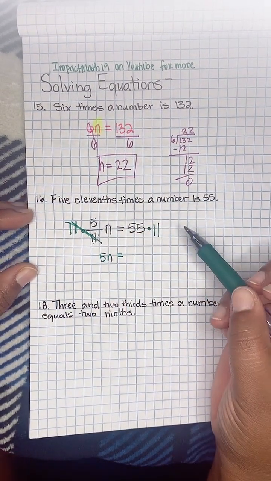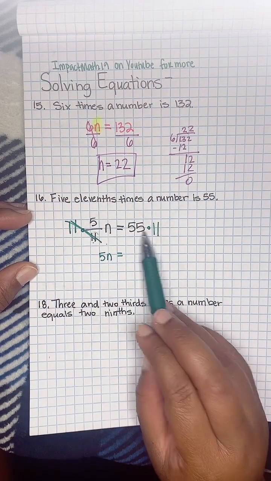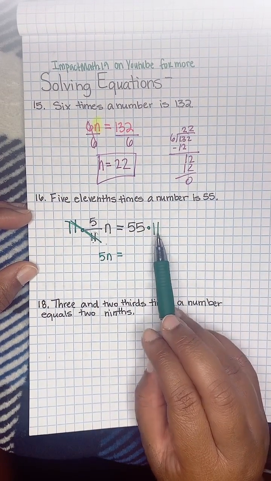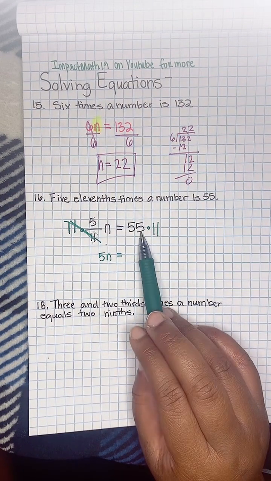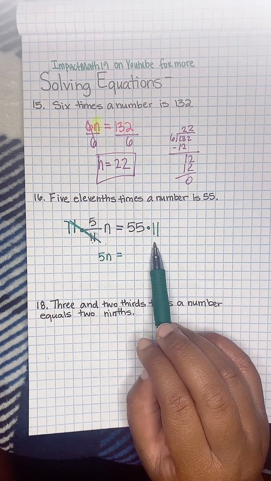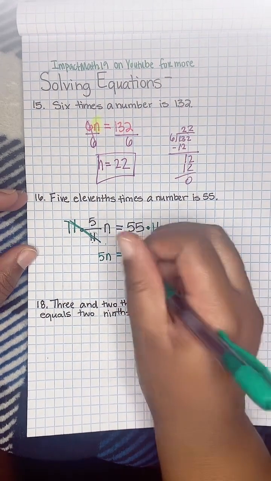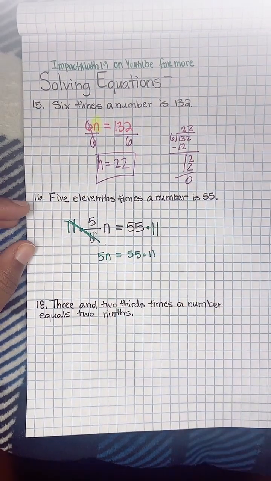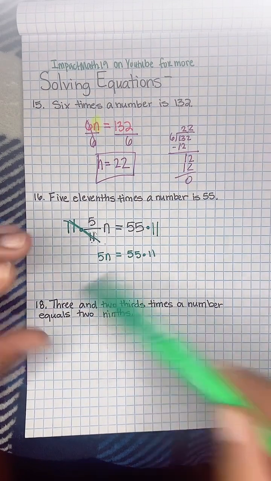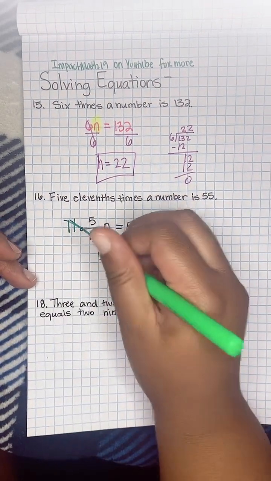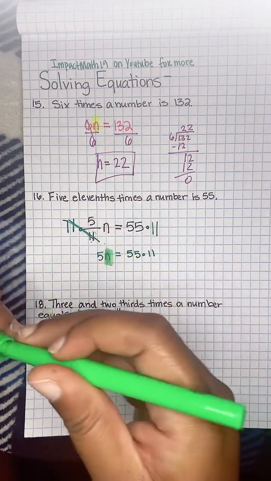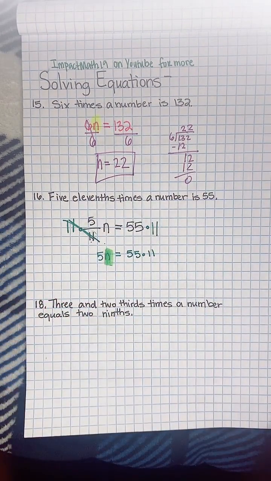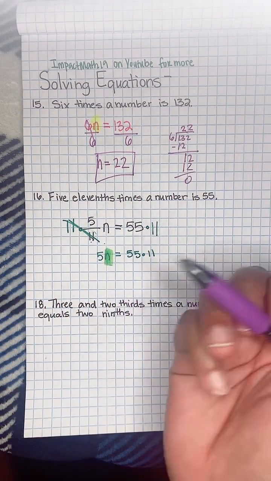equals. Now, I could do 55 times 11. But let's just say that you're taking a test where you have no calculator and you have a time test. You can literally just write this as 55 times 11, okay? Because remember, our goal is to get n by itself. So if I'm trying to get n by itself and I see multiplication, how can I undo multiplication?